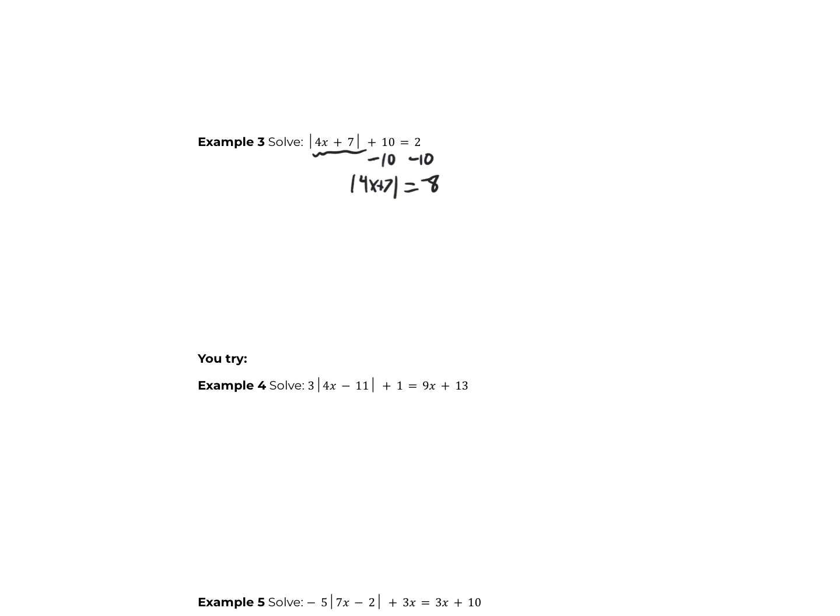It is not going to work. Think about it. There's nothing you could plug in for x that after you take the absolute value of that number that you've multiplied with 4 and added 7 to, that becomes a negative number because absolute values can never be negative. So because of that, we call that the empty set.